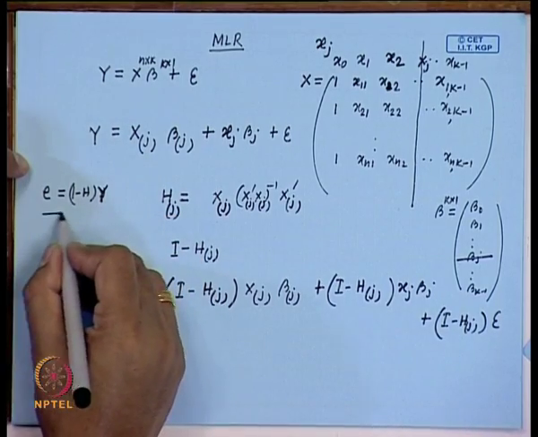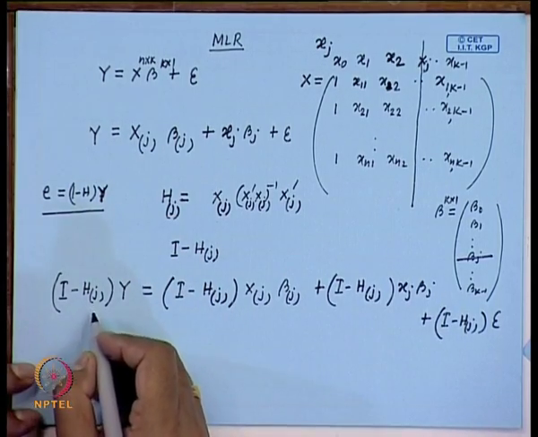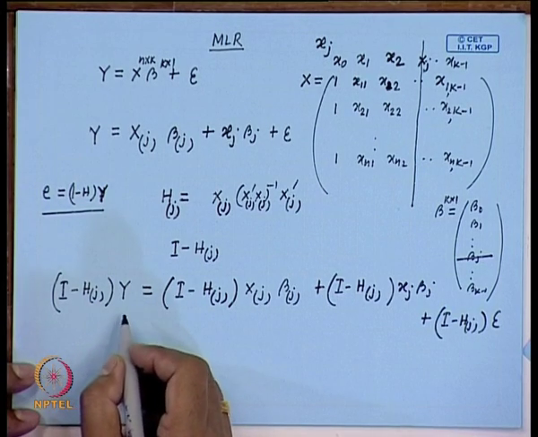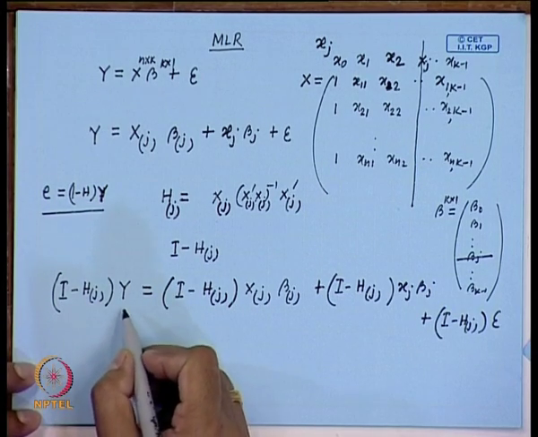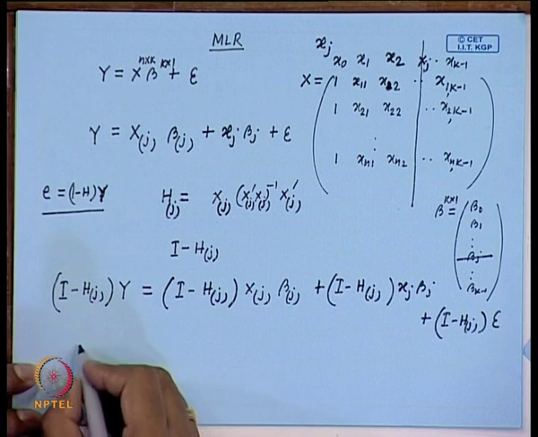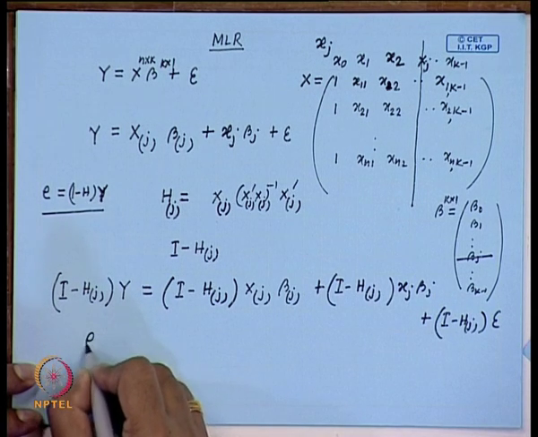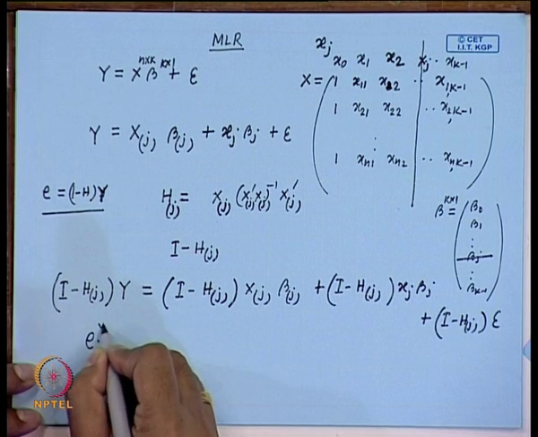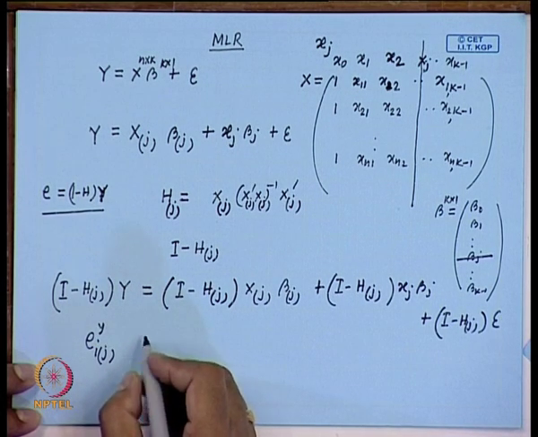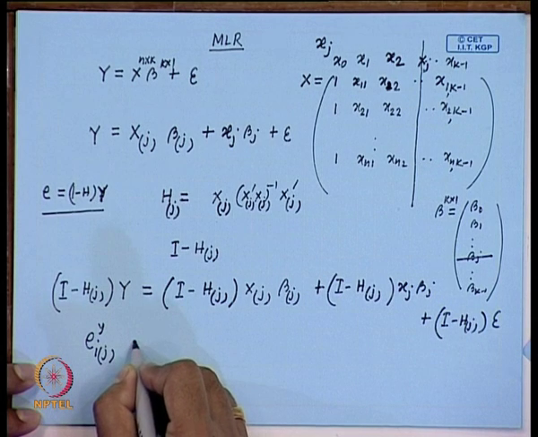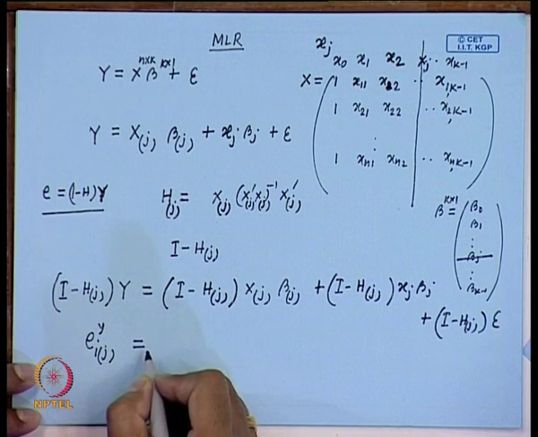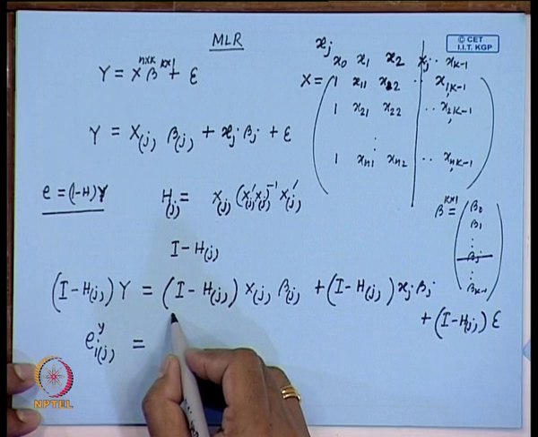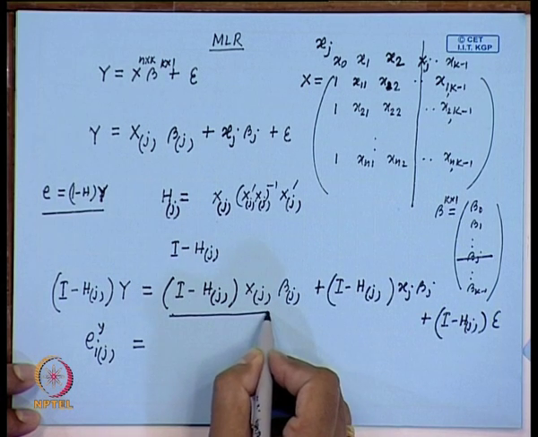Then this one is the residual when y is regressed on all regressors except x_j. So, this one is nothing but e_{y|j}, which is equal to, you can check that this quantity is equal to 0.